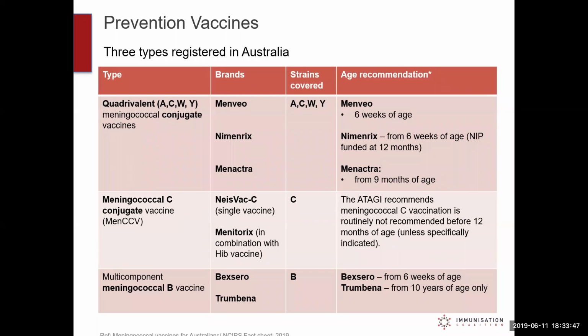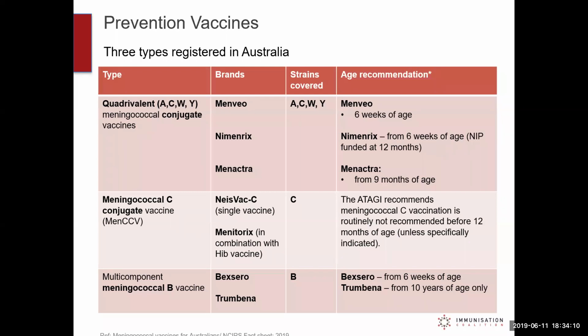If somebody has mistakenly co-administered these vaccines, you do not need to repeat the Prevnar 13, but certainly Menveo and Nimenrix really are the preferred vaccines for children less than 2 years of age, for sure.